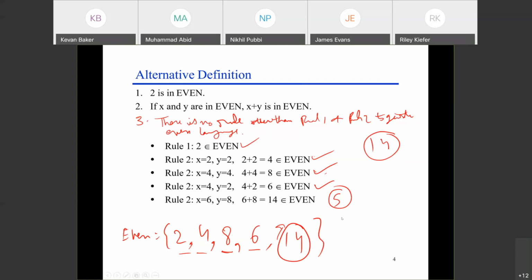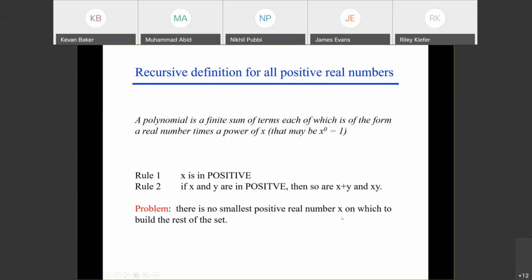So let's go to the next slide. And now we have this here. It says how we define a polynomial. A polynomial is a finite sum of terms, each of which is of the form a real number times a power of x, that may be x raised to the power 0, which is equal to 1.